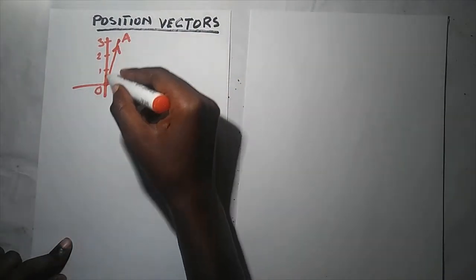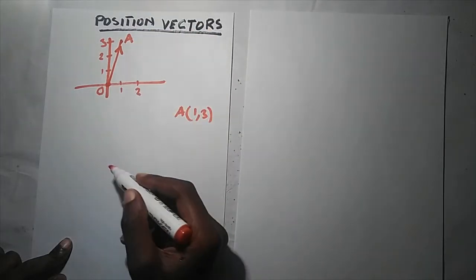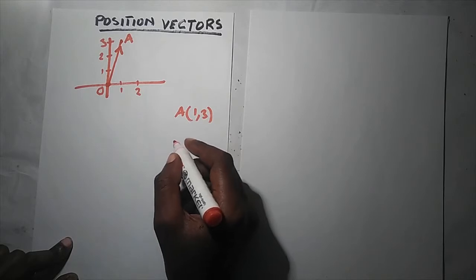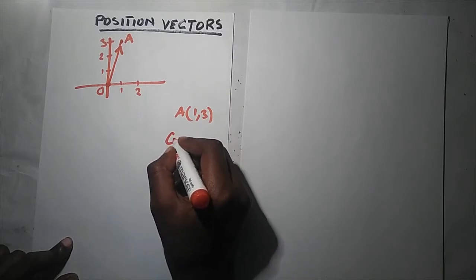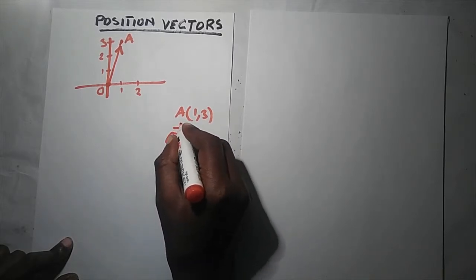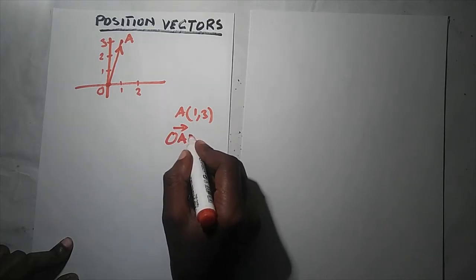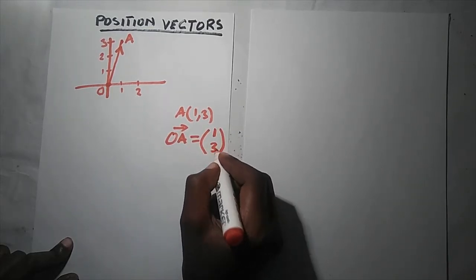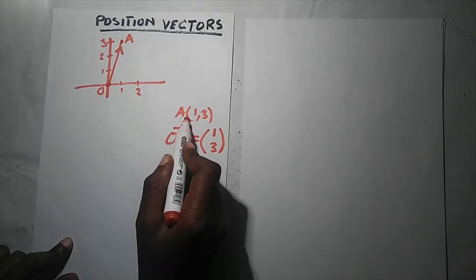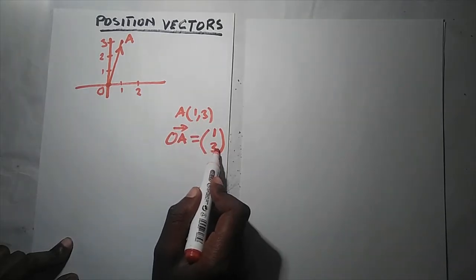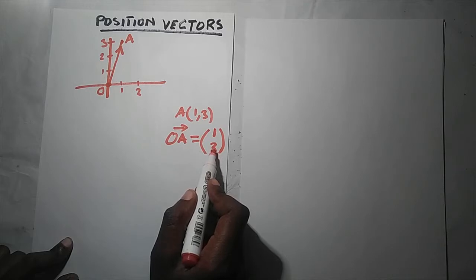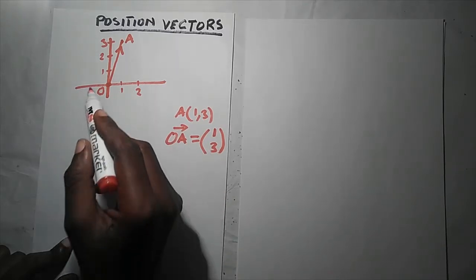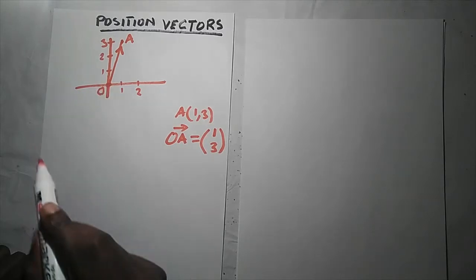So this vector here is actually the position vector for the point A. And so we usually write it like this: OA with an arrow which shows the direction is equal to 1 and a 3. So this is how you write this point as a position vector. And so position vectors, like we said earlier, are vectors whose starting point is the origin O.